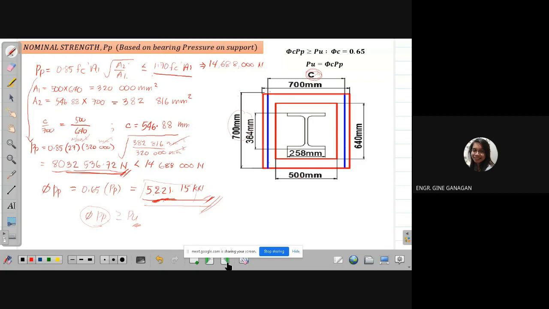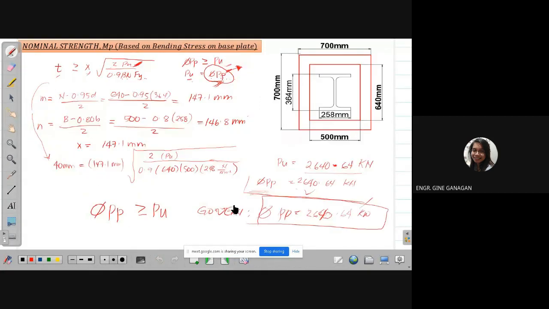So, okay. Hindi na ako mag-problem ng design of base plate na rectangular since yun yung ipapa-activity ko sa inyo next meeting. So para naman mag-isip kayo ng iba sa ating sample problem.